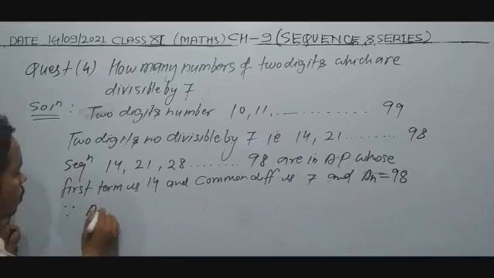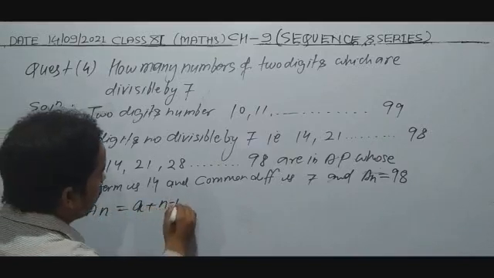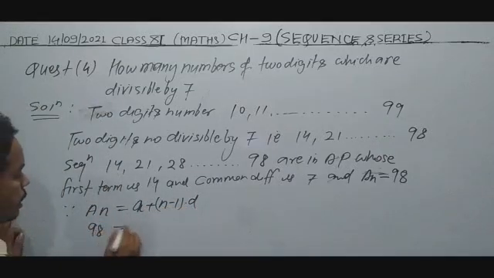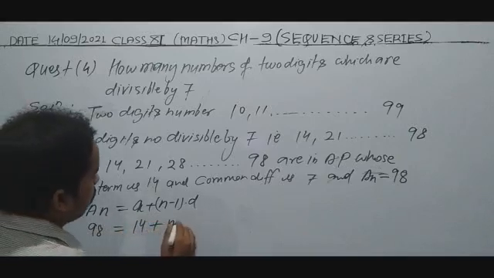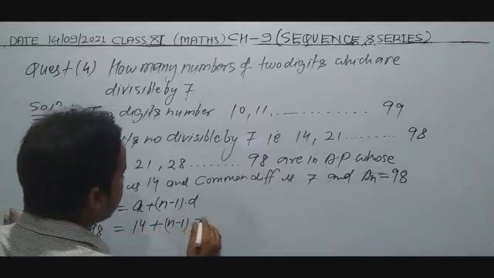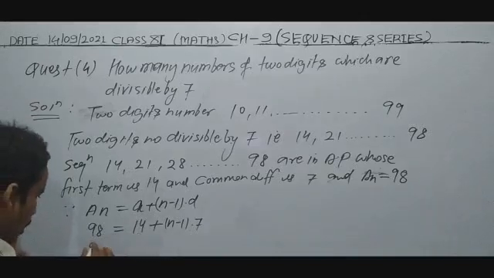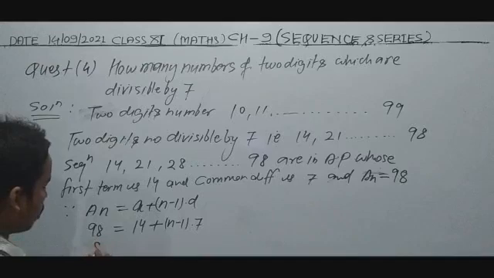Since you know An is equal to A plus n minus 1 into D, and An is 98, equal to A which is 14 plus n minus 1 into D which is 7. So 98 minus 14 is 84.